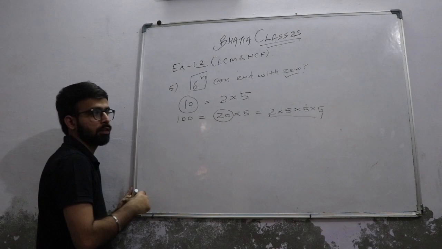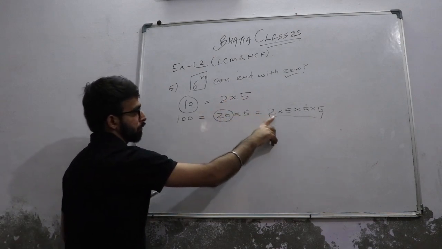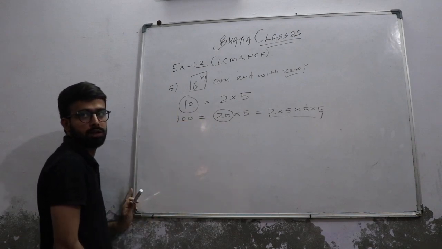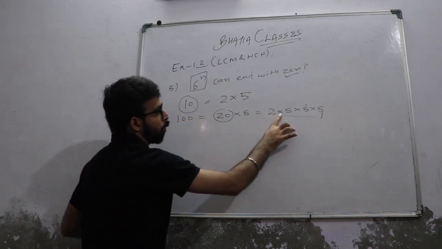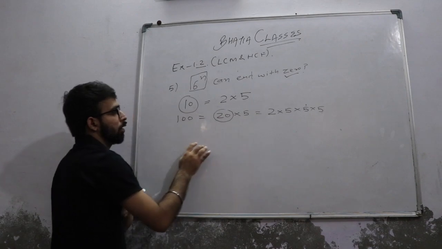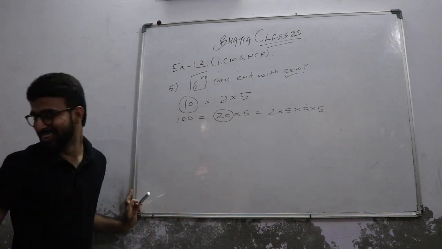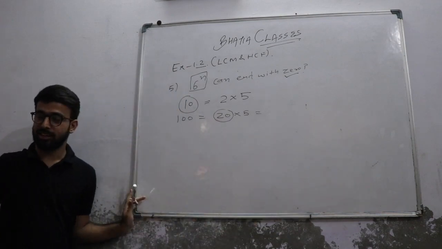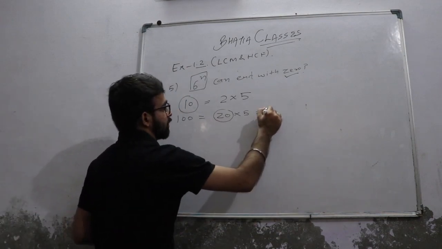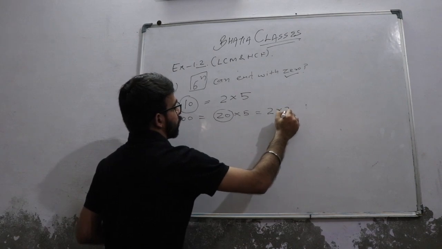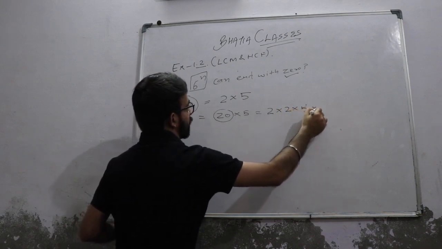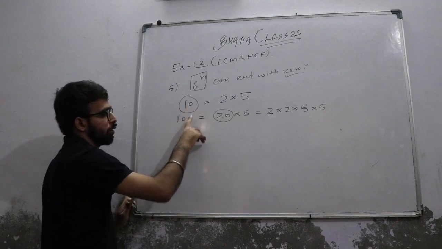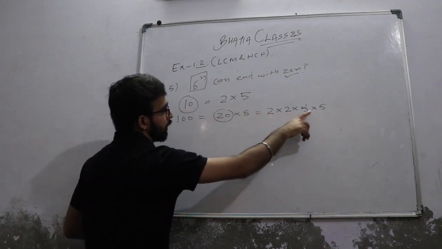Here you can see 2 and 5. Always the prime factors of a number ending with 0. Here you can see the number ending with 0 having prime factors as 2 and 5.